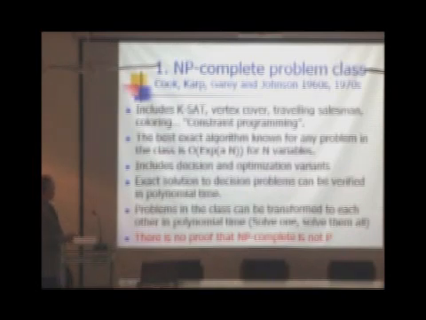There are 2 variants: a decision variant and an optimization variant. For example, K-SAT is a set of clauses, and the clauses can be combined into a formula that may be true or false. The decision problem is to ask the question, is the formula satisfiable or not? That's the decision, yes or no. In contrast, the optimization variant is where you have that same formula.